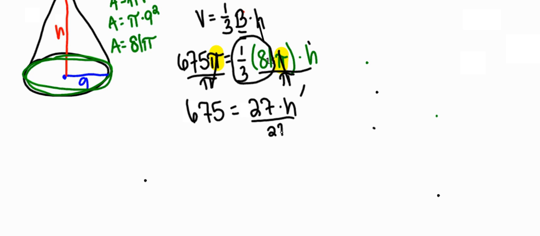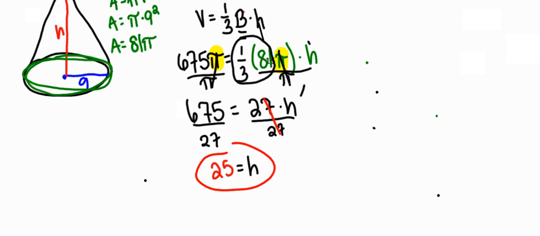So to undo multiplying by 27, I'm going to divide both sides by 27. So on the right side now, I'm left with an h, which is what I wanted. On the left side, I've got 675 divided by 27, which gives me an answer of 25. So the question asks for me to find the height of the cone. The height of the cone is going to be equal to 25 centimeters.